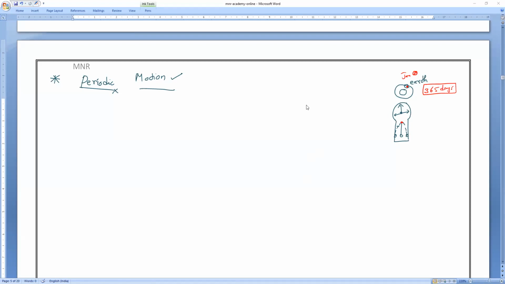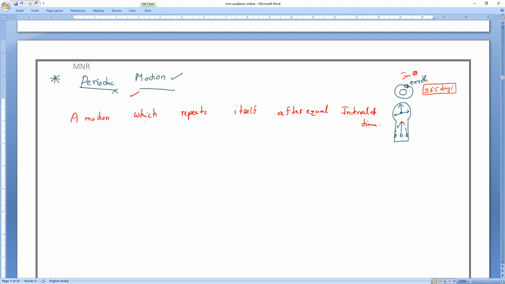Yes, please write it. A motion which repeats itself after equal interval of time is known as what?